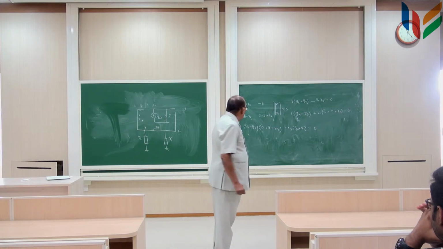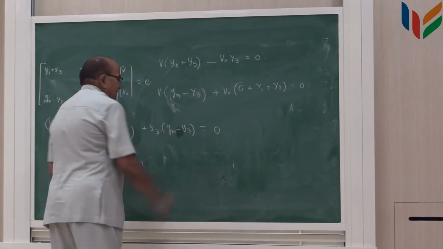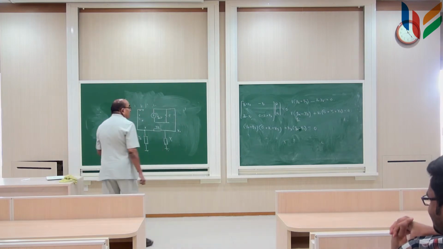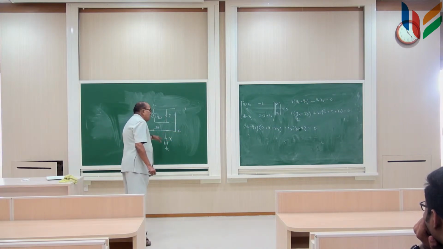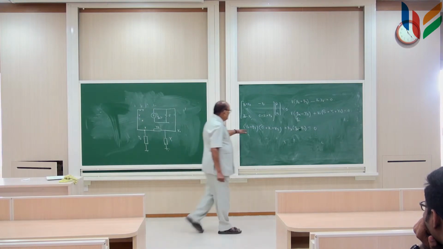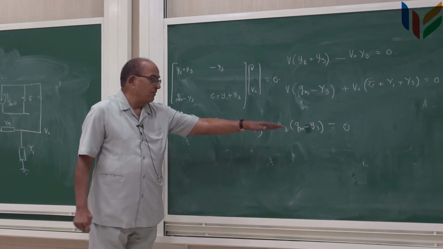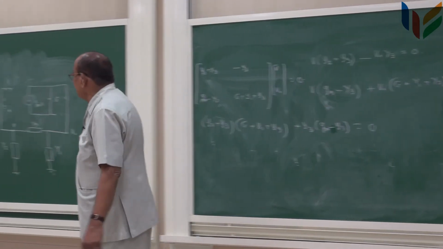Gm minus y3, you are right, correct. It has to cancel, y3 square has to go away. So, this is the governing equation. Depending upon the choice of y1, y2, y3, it gives you the oscillation condition, by equating the real part of this to 0 and imaginary part of this to 0.